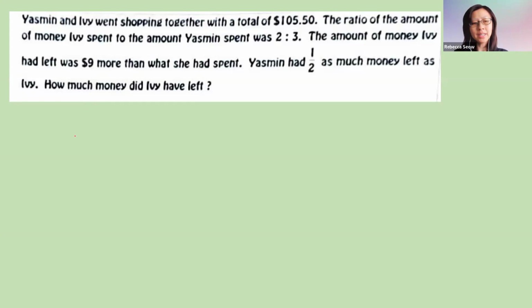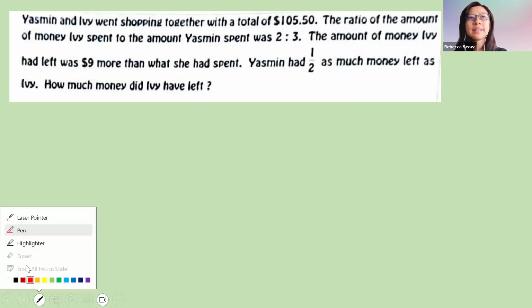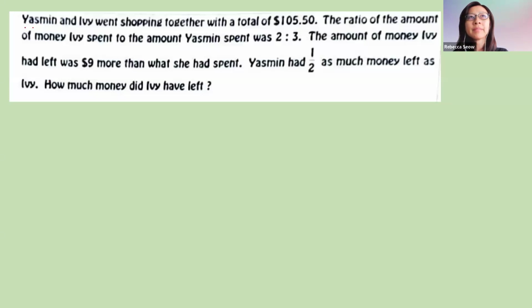Now let's take some time to understand this question by breaking it down into the various information that's given to us. First and foremost, we recognize that there are 2 people in the word problem, Yasmin and Ivy, and altogether they have a total of $105.50.